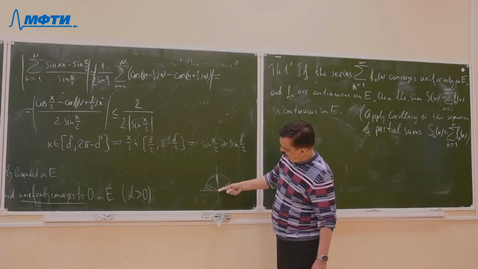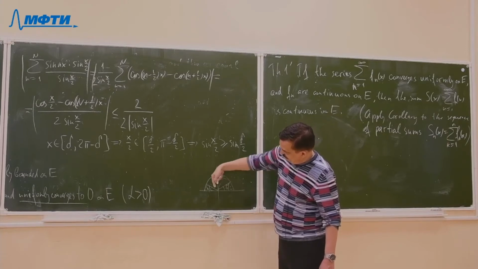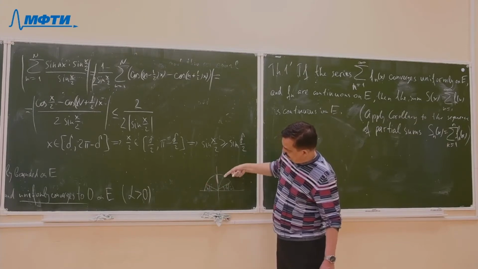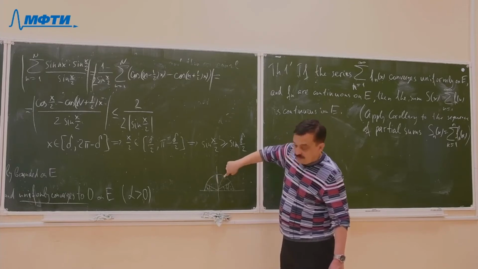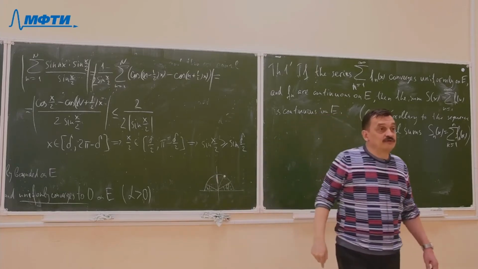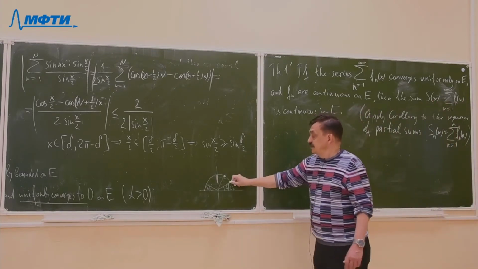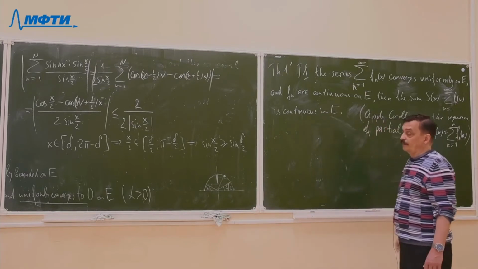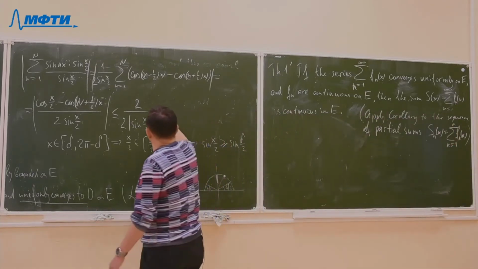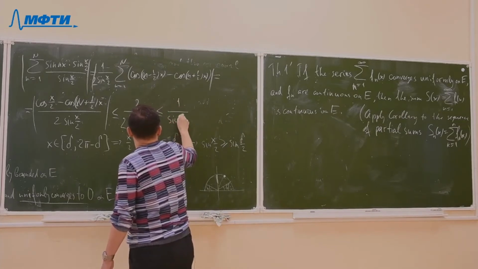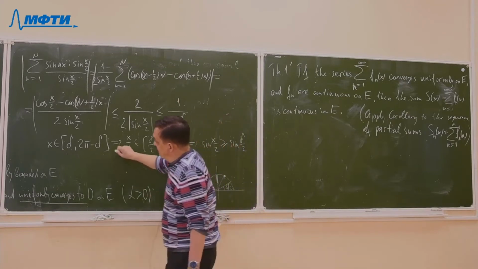So if we have an arbitrary angle between delta over 2 and pi minus delta over 2, then the ordinate of the corresponding point of the unit circle is greater or equal than sine delta over 2. So we can estimate by 1 over sine delta over 2.